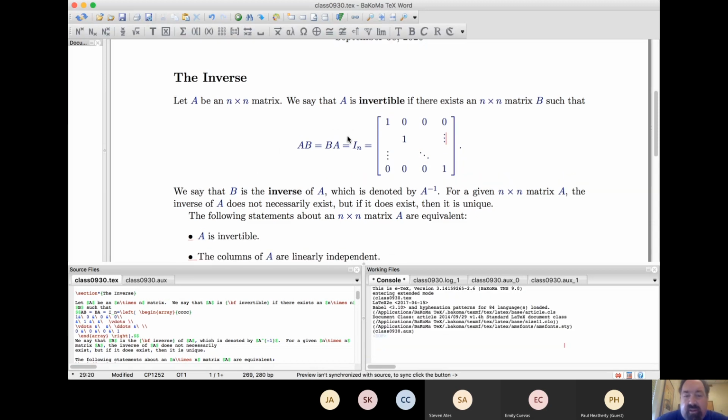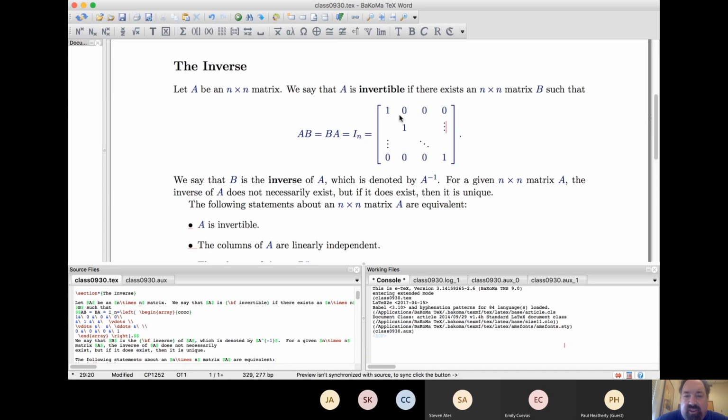Since this is the identity element for multiplication of matrices, compare with numbers. The reciprocal of a number x is 1 over x, the number you multiply it with to get a result of 1, the identity for real numbers. So here, the inverse of a matrix A is whatever matrix B you can multiply it with on either side that gives the multiplicative identity element for n by n matrices, the identity matrix.